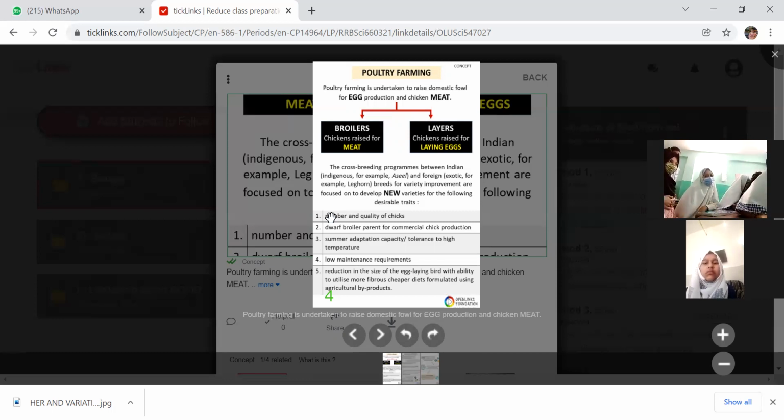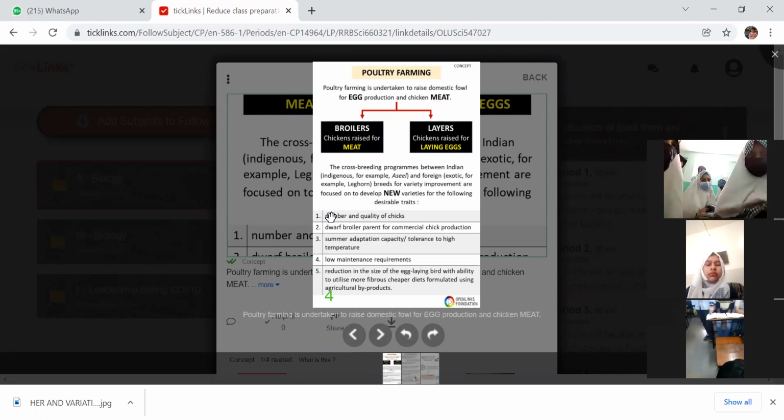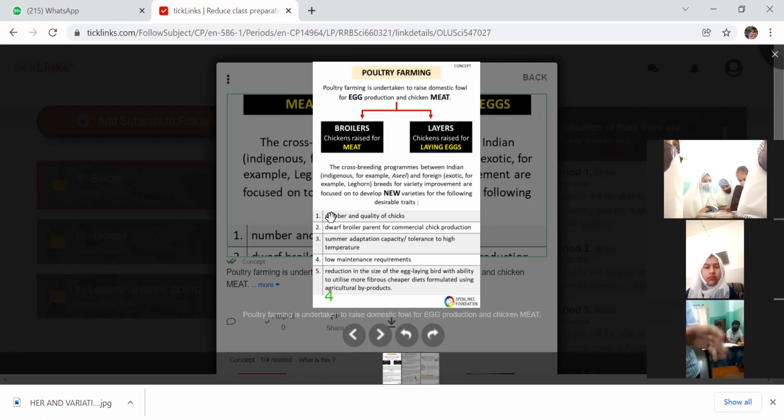For example, the Indian bird is called Asil. So this Indian indigenous bird, Asil, and a foreign exotic bird called Leghorn, we crossbred to get a very strong bird with good variety, a new bird with desirable traits.